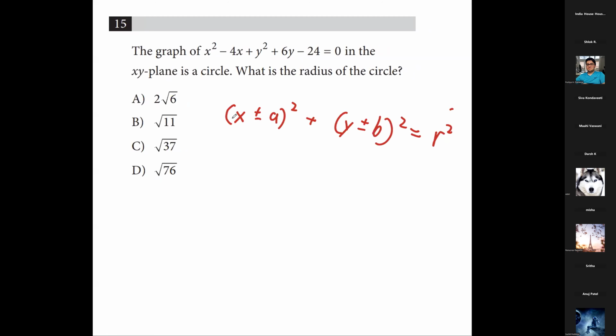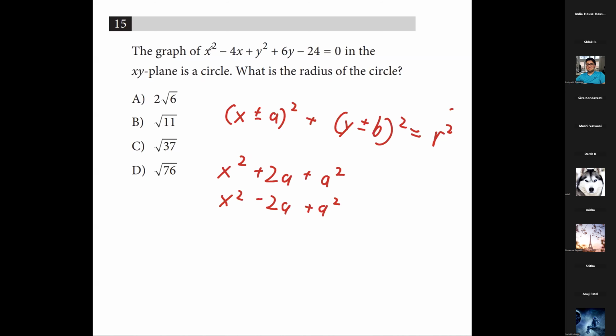Well, for us to get x plus or minus some value squared, this would just equal x squared plus 2a plus a squared if this is a plus. And if it's a minus, it would be x squared minus 2a plus a squared again, if this is x minus a squared.